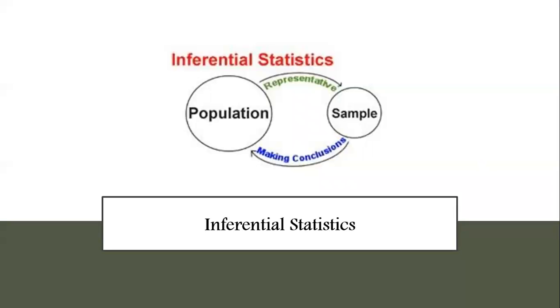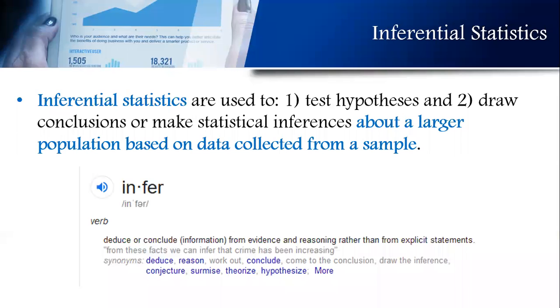Now let's discuss the concept of inferential statistics. Inferential statistics are used to 1, test hypotheses, and 2, draw conclusions or make statistical inferences about a larger population based on data collected from a sample.